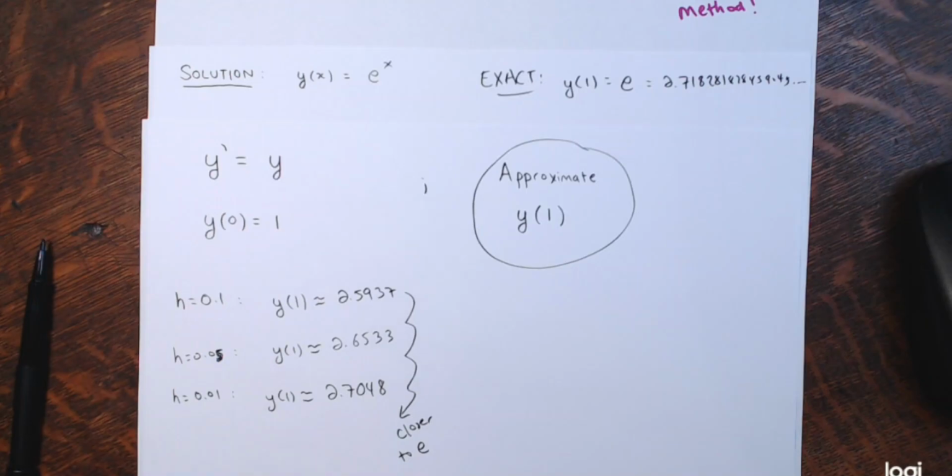It's a good start. But what we're going to see in future videos, I got a couple more to make here, we'll see something called the improved Euler's method that gets towards the exact answer more quickly than this regular Euler's method. And then we're going to see what are called the Runge-Kutta methods, depending on how you pronounce it.